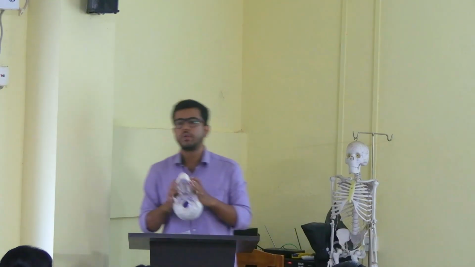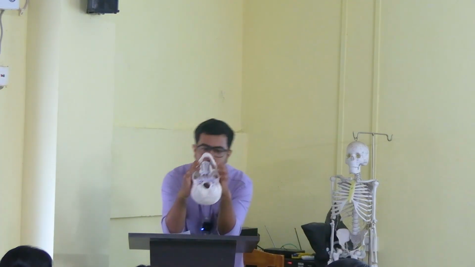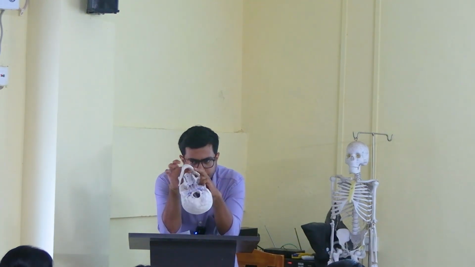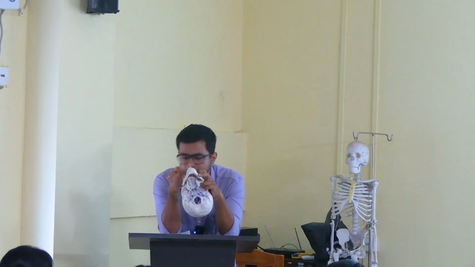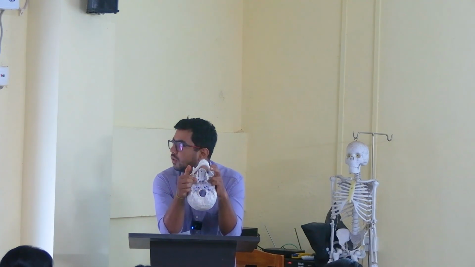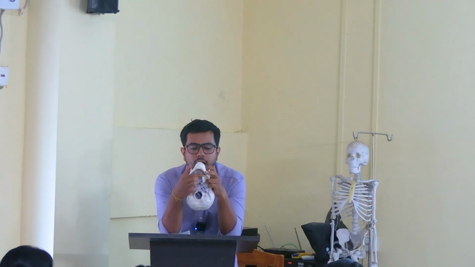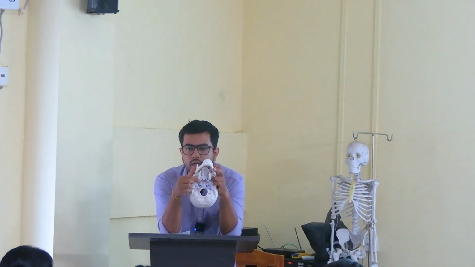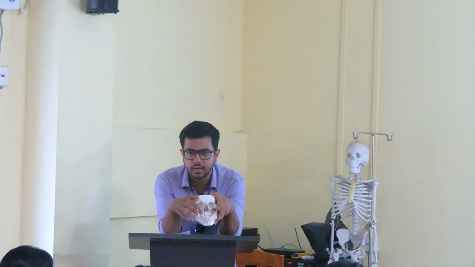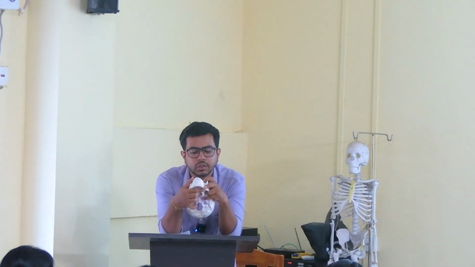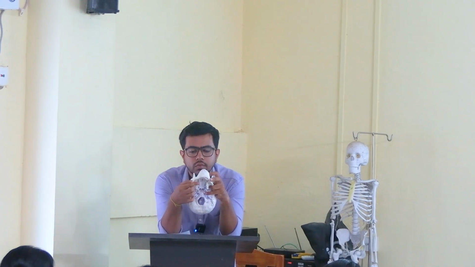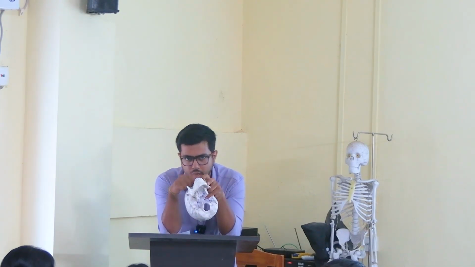Now we will talk about the boundary of Norma Basalis. It starts from here. This is the alveolar arch. Alveolar means anything related to the teeth. The alveolar arch is made up of the maxilla, and it holds the sockets for the upper teeth.